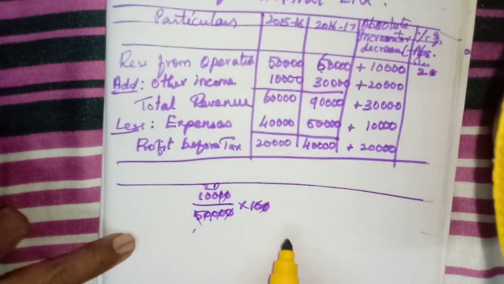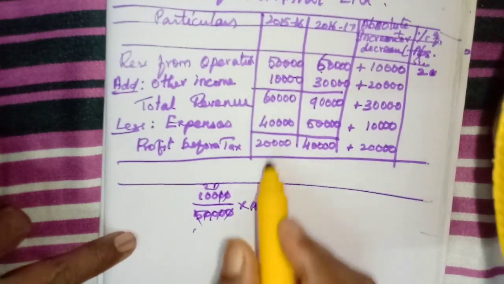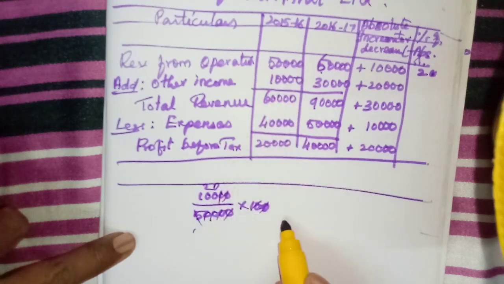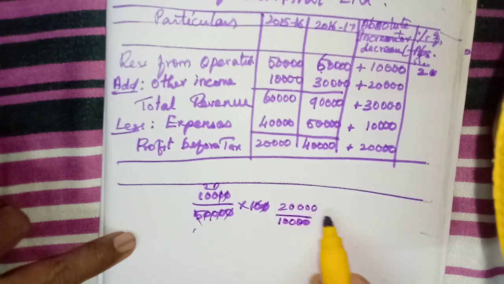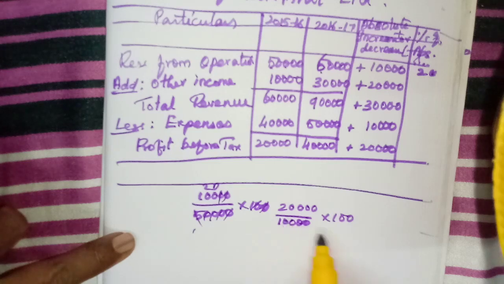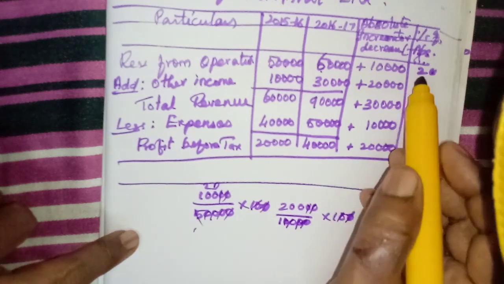For each and everything we need to calculate. Then the next one, for 10,000, the increase is 20,000. So for 100, 40, so 200.